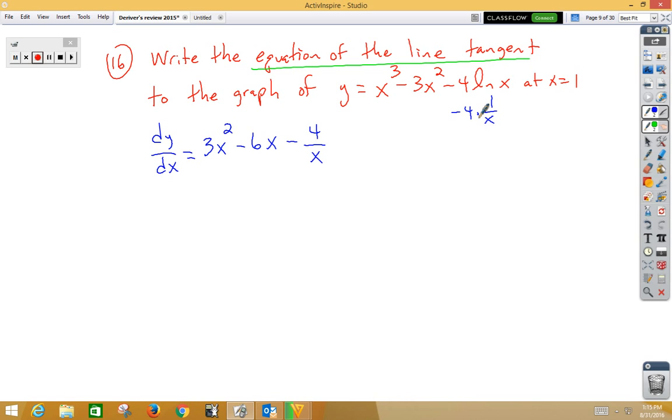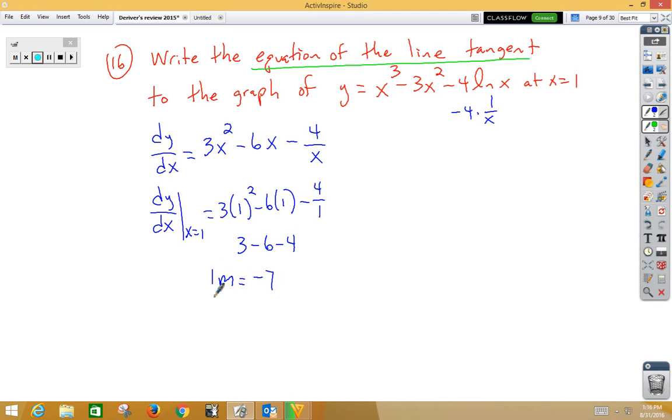We're now going to plug in the 1. So dy/dx at x is 1 is equal to 3 times 1 squared minus 6 times 1 minus 4 over 1. That's going to be 3 minus 6 minus 4, which would be negative 7 as our slope.